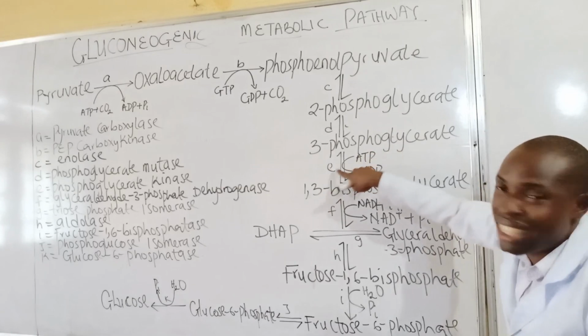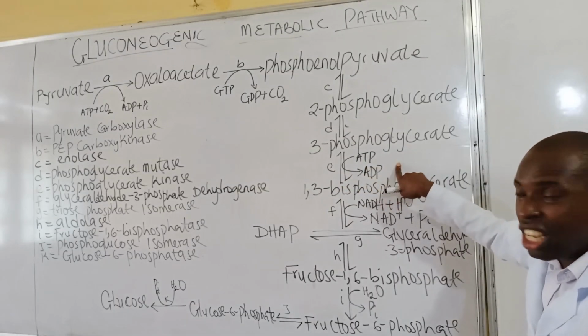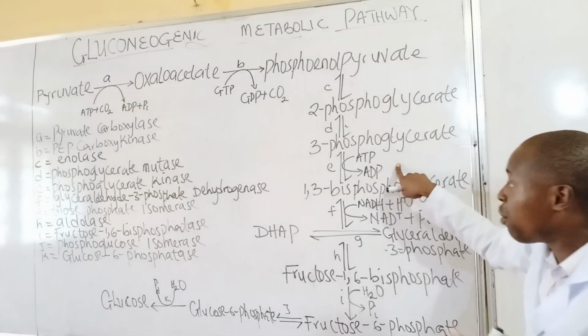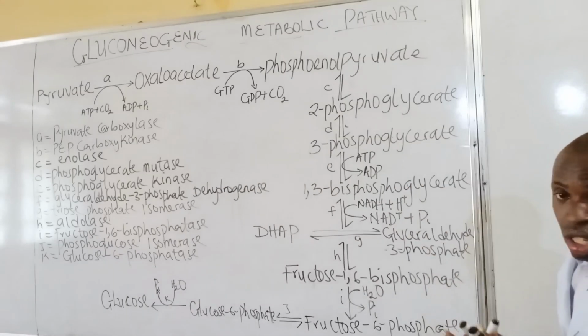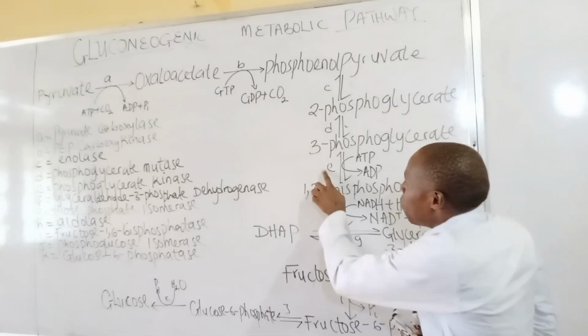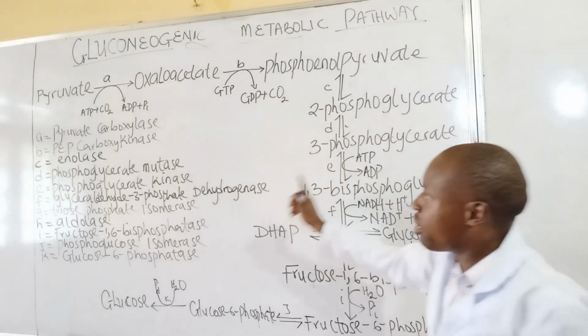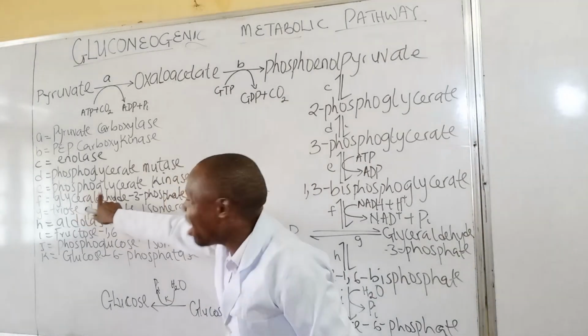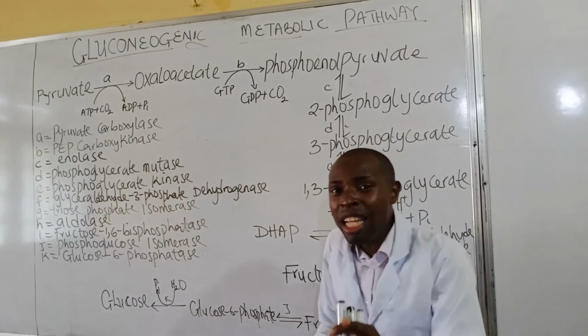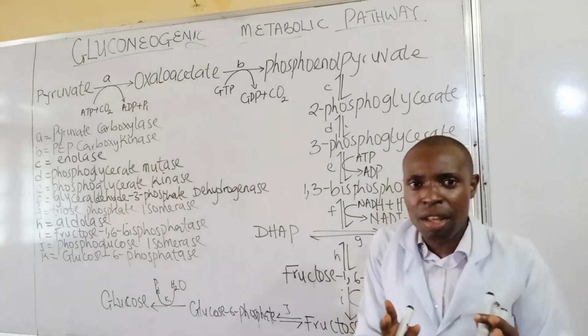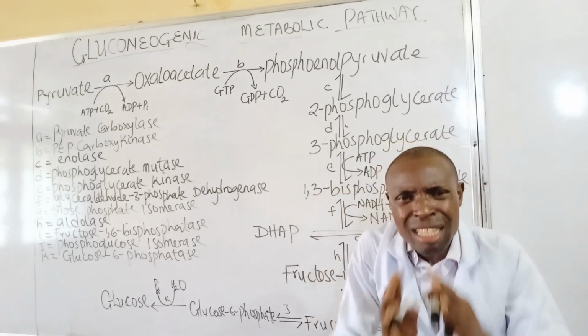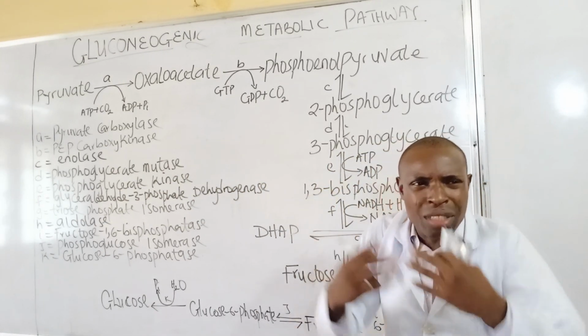And when ATP enters, ADP is released plus inorganic phosphate. The enzyme utilized in this step is called phosphoglycerate kinase. Remember in our previous video, we talked about how these enzyme names are obtained.